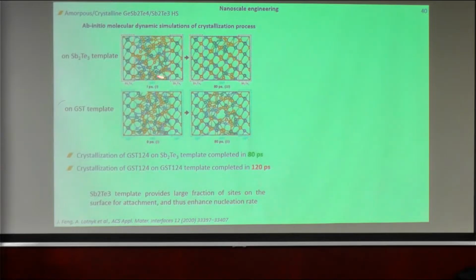Now, if we allow our stack to crystallize in the computer, running two different systems, we find that crystallization with the antimony telluride template proceeds faster. It requires about 80 picoseconds in the computer, and if we use a GST124 template, it takes a little bit longer, 125 picoseconds.